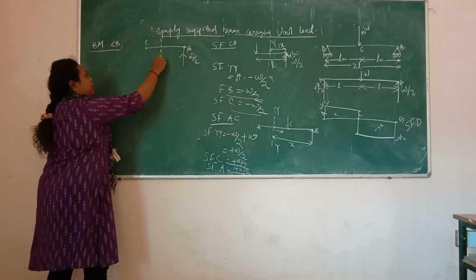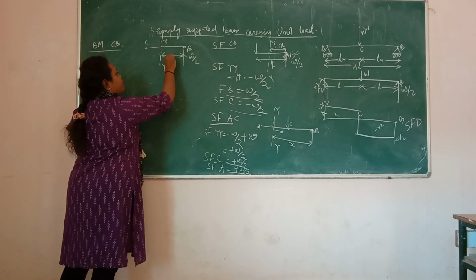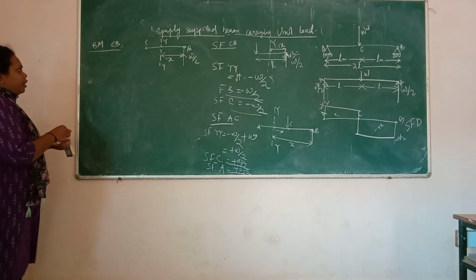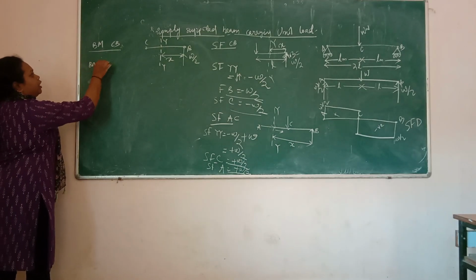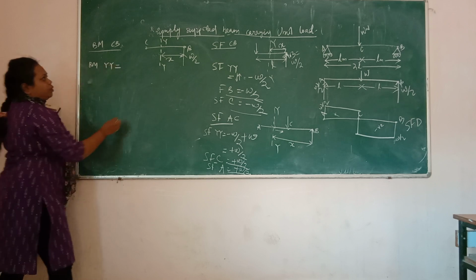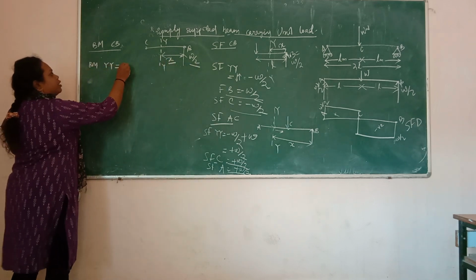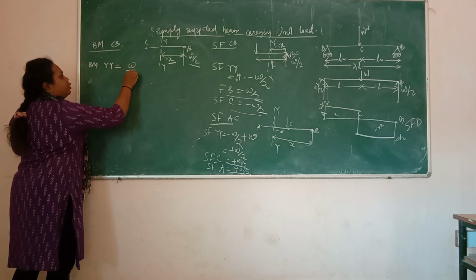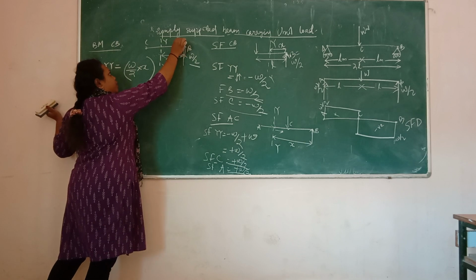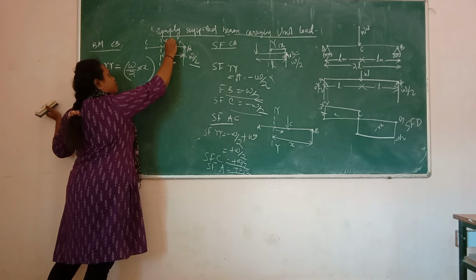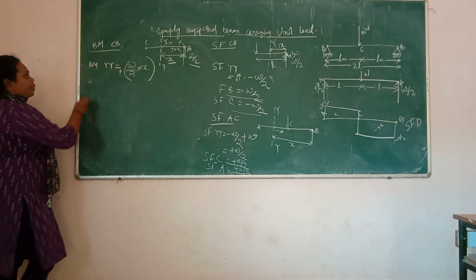Now draw a line, imaginary line y, which is at a distance x from point B. Now take the moment or bending moment at point y is equal to, the force is W/2 and distance is x. So moment is equal to W/2 into x. Sign is, this one is going anti-clockwise and this one is clockwise. So the sign is positive, this one is positive.